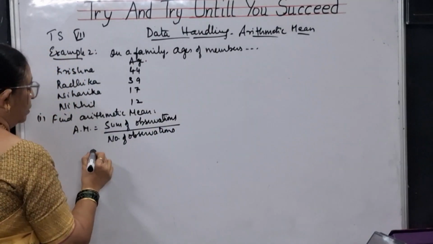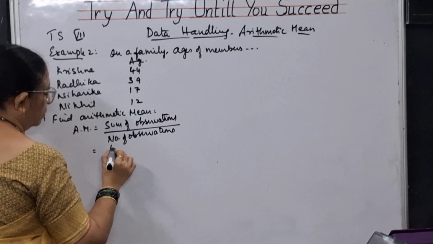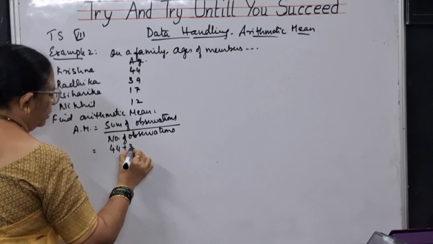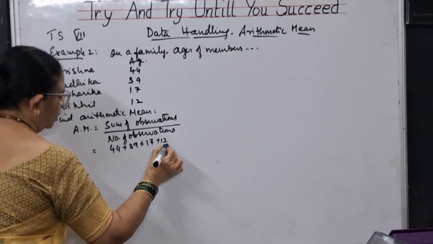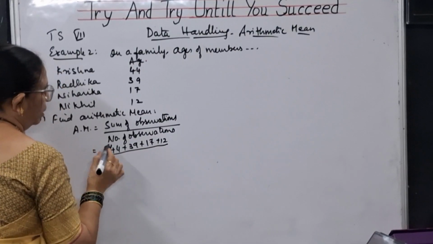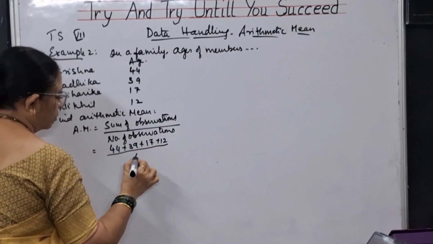So the sum of observations, 44 plus 39 plus 17 plus 12, divided by 4.